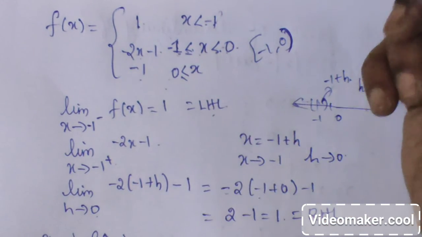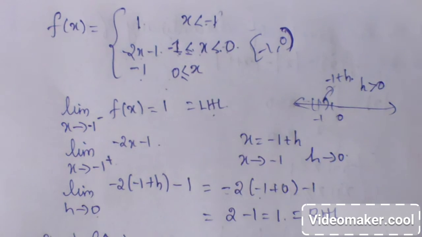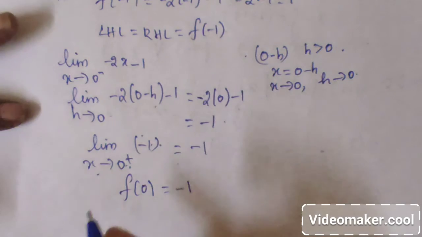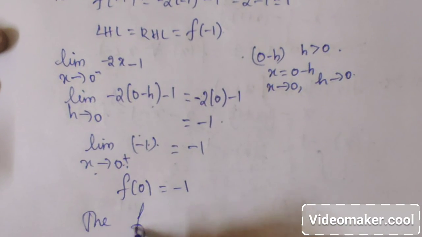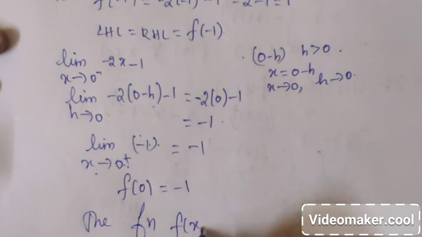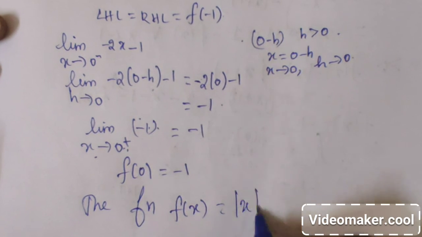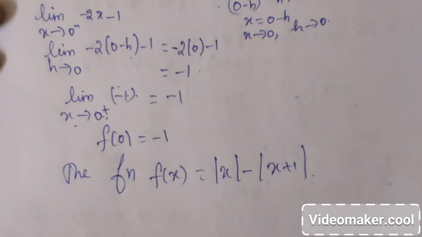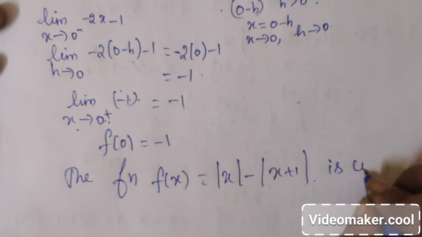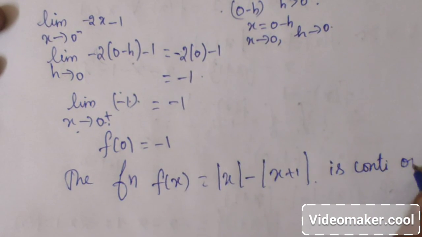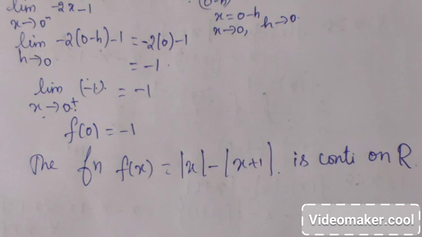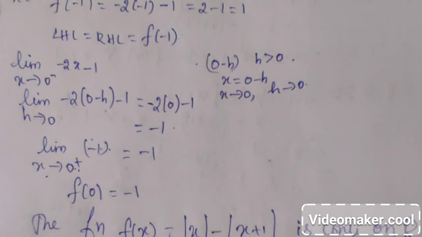So there is no point of discontinuity for this function. We can say the function f of x equals mod x minus mod x plus 1 is continuous on the entire real line. So there is no point of discontinuity for this function.